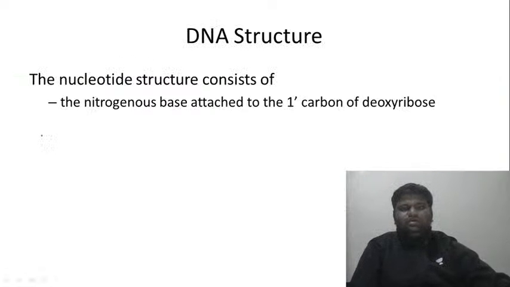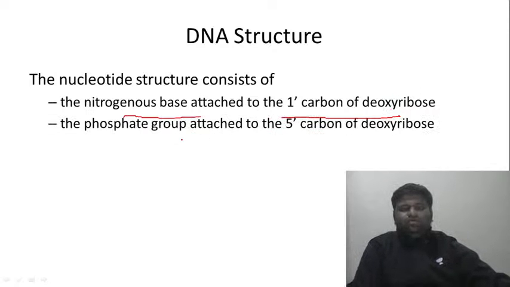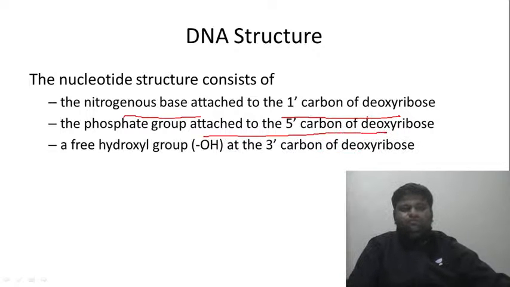In the nucleotide structure, the nitrogenous base is attached to the 1' carbon of the deoxyribose. The phosphate group is attached to the 5' carbon of the deoxyribose, and the free hydroxyl OH is at the 3' carbon of deoxyribose.